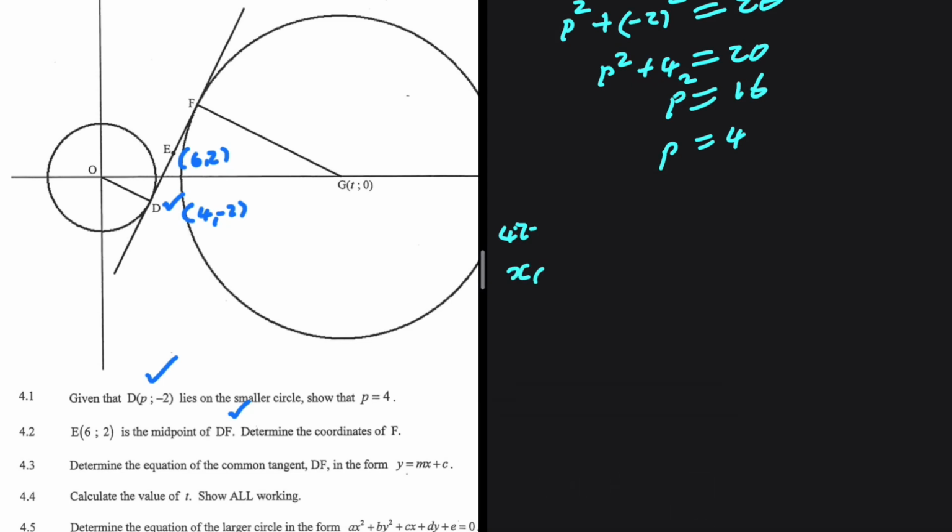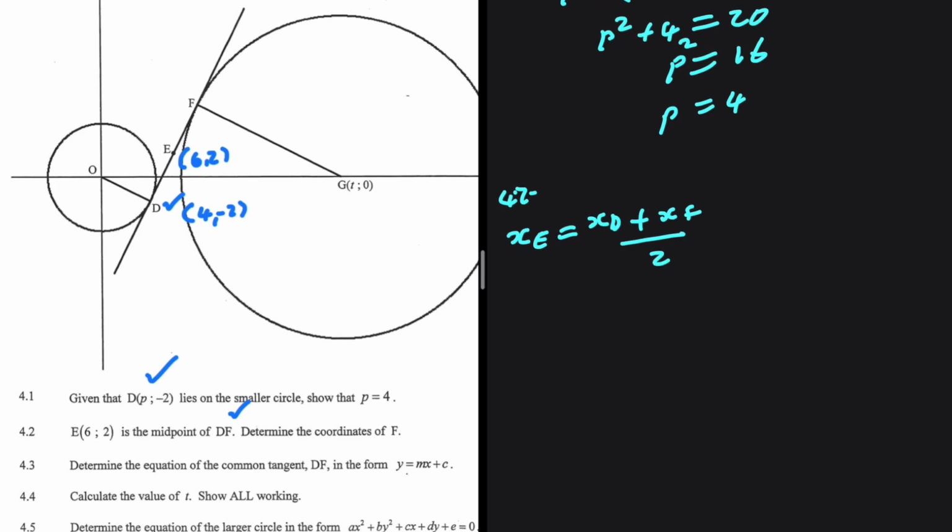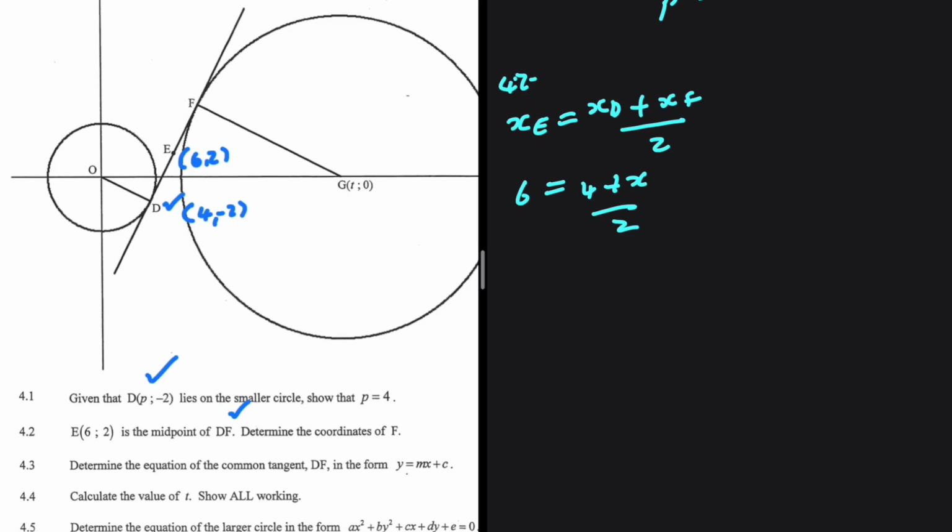So x of E is equal to x of D plus x of F, everything divided by 2. x of E is 6, x of D is 4, plus x of F, everything divided by 2. If we cross multiply, we get 4 plus x being equal to 12. So x is equal to 8.